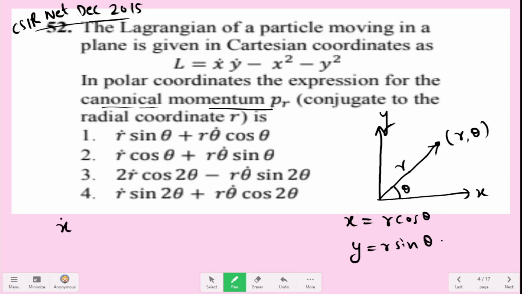Therefore x dot, this is the total time derivative of x, is equal to, first we have to take the derivative of r multiplied by cos theta, plus r times the derivative of cos theta, which is minus sin theta theta dot.